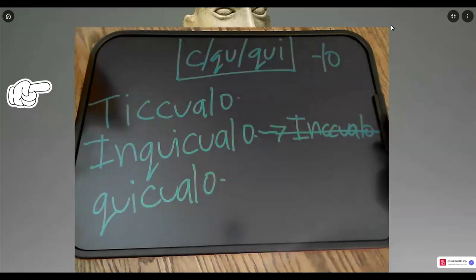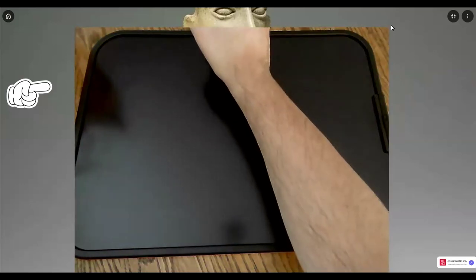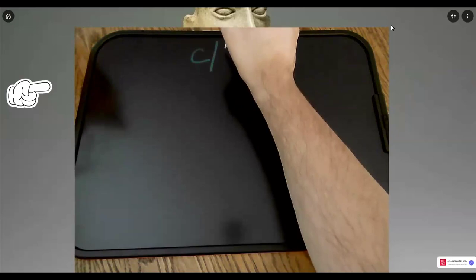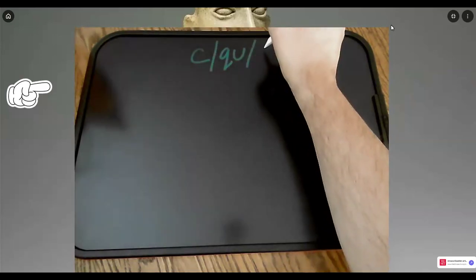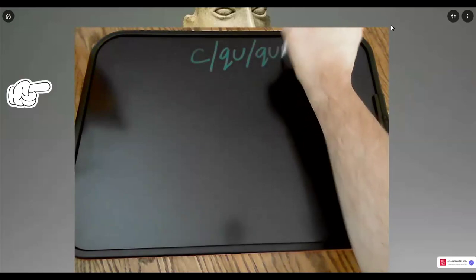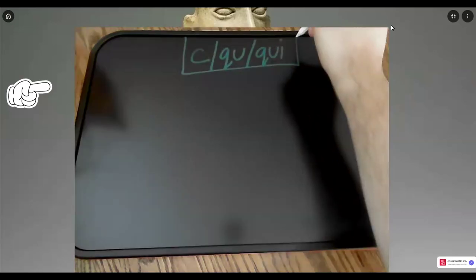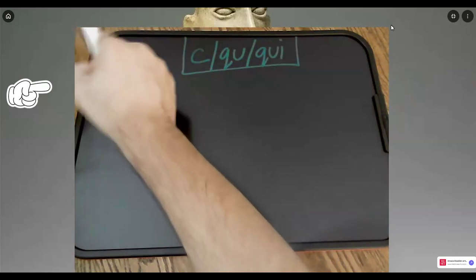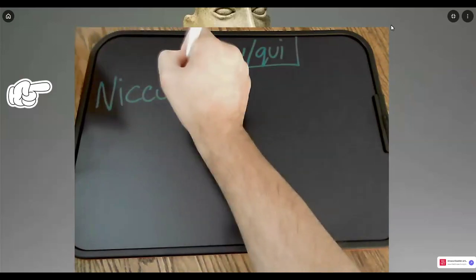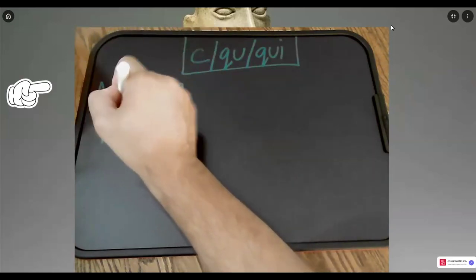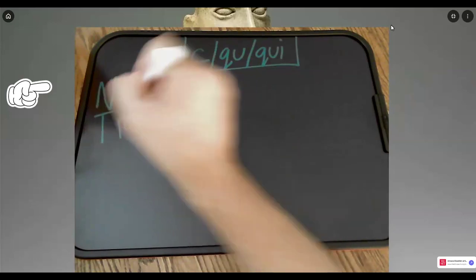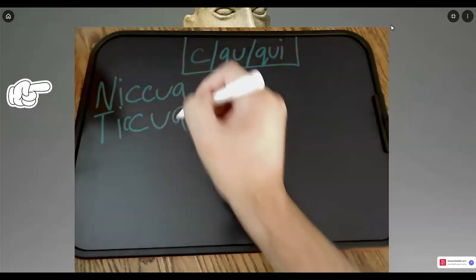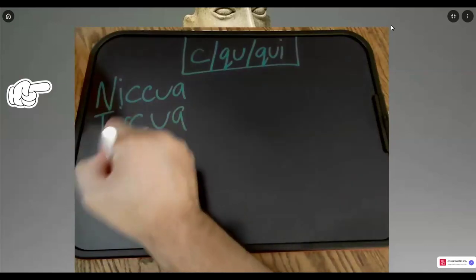So let's put it all together. Remember the object is always a C, which is a K sound, a QU, or a QUI. So nihqua, tihqua, quiqua.